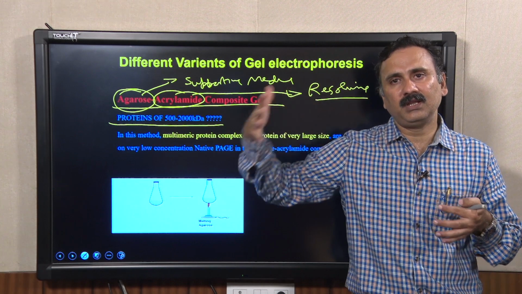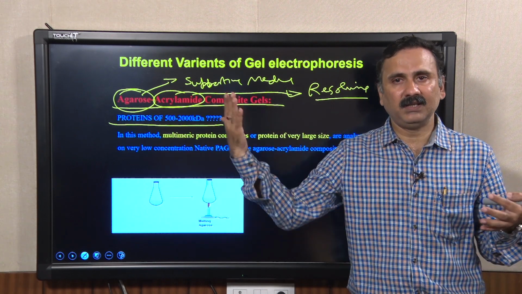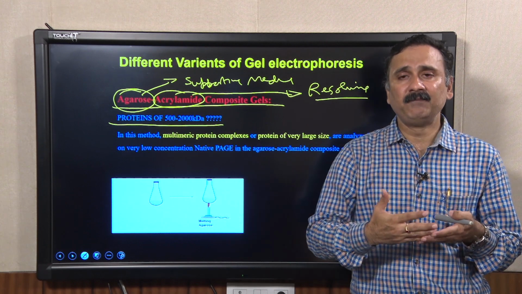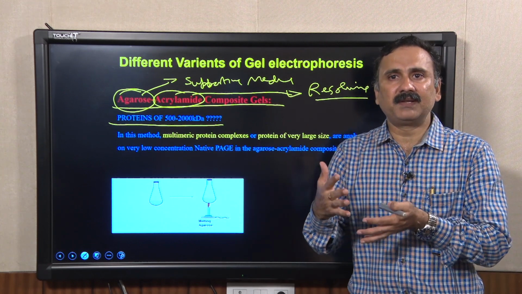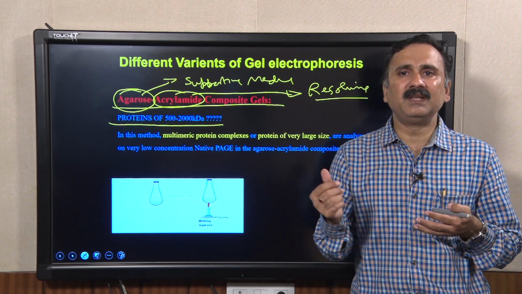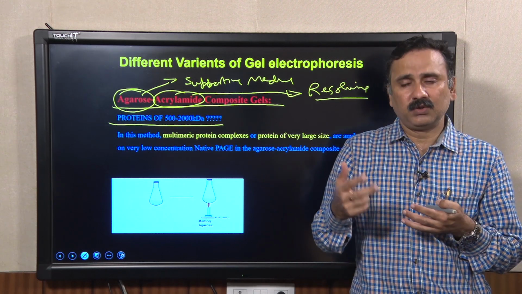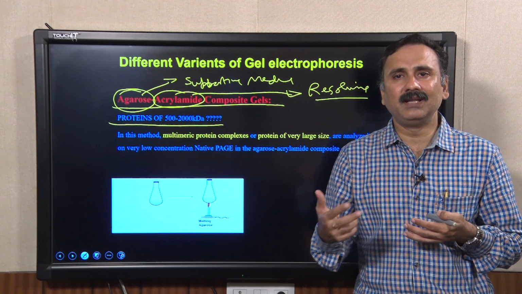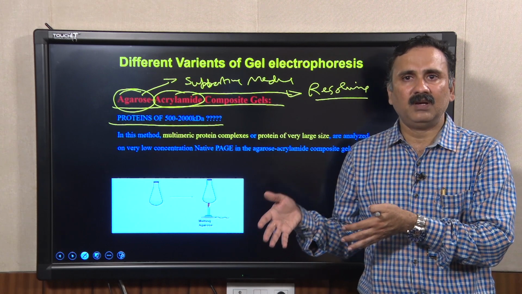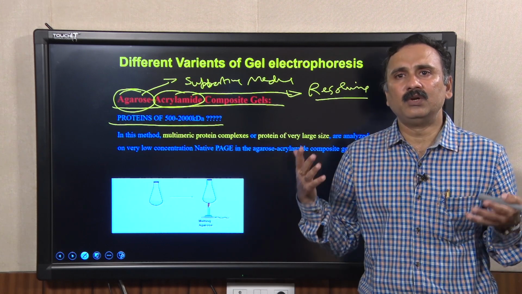The agarose is used for providing the solid support, so that you will be able to manipulate these gels, because if you use 3% or 4% acrylamide gels, they will be very flimsy and you cannot handle them, because before you stain them with Coomassie blue, they will break into pieces.